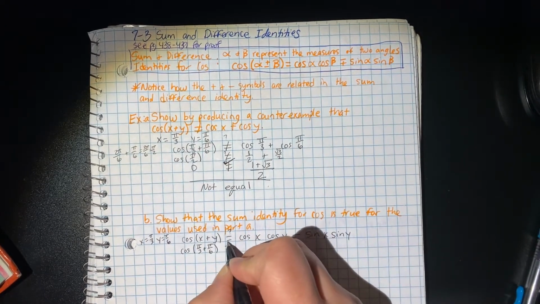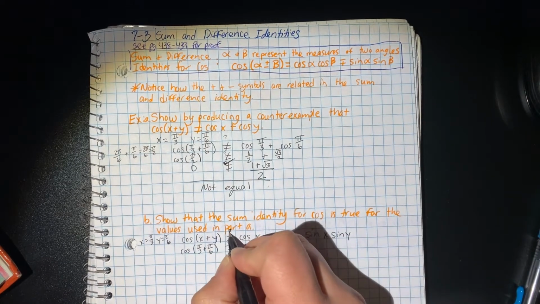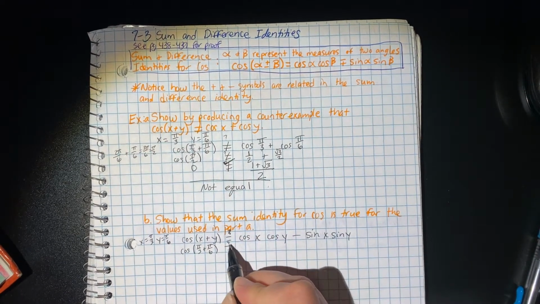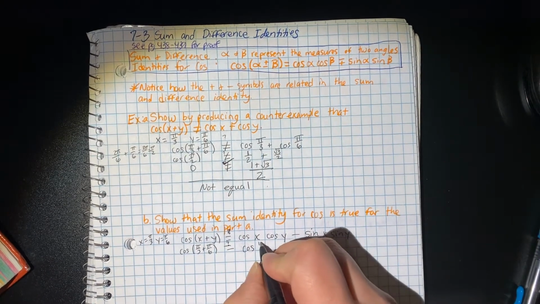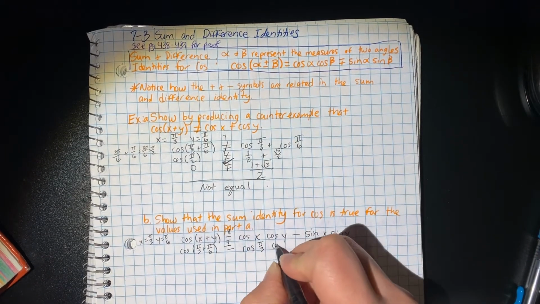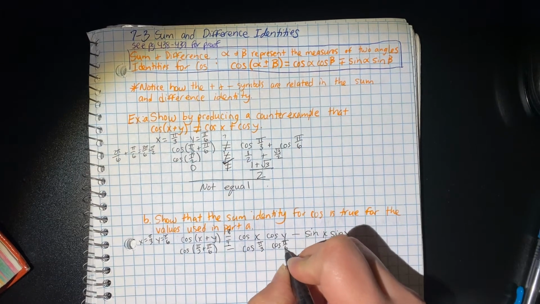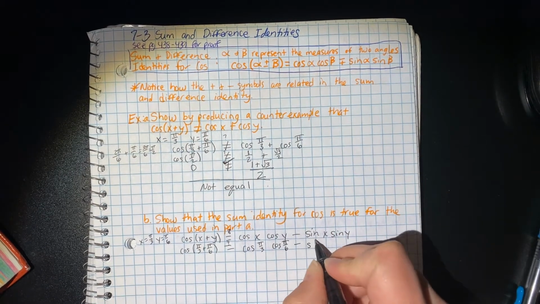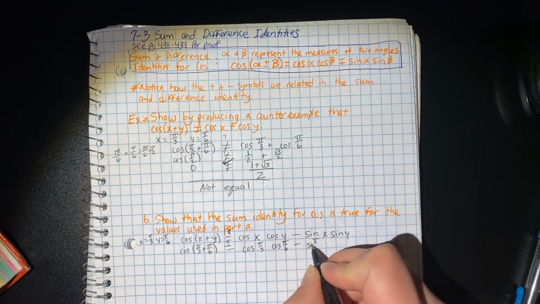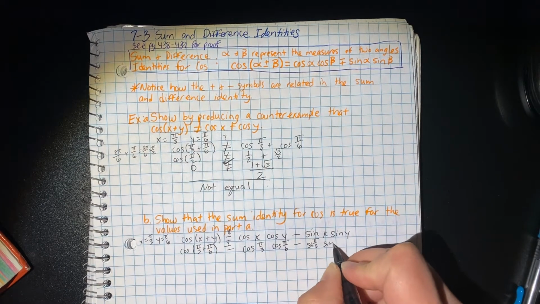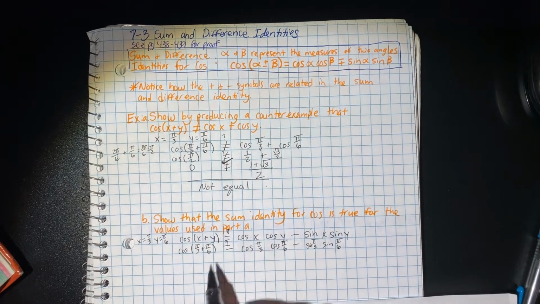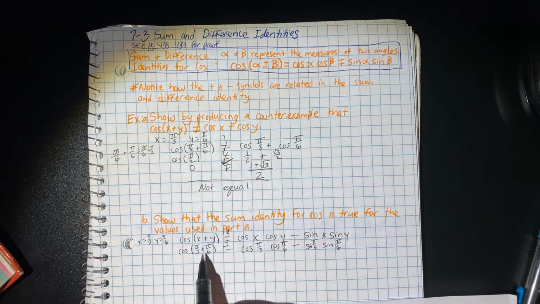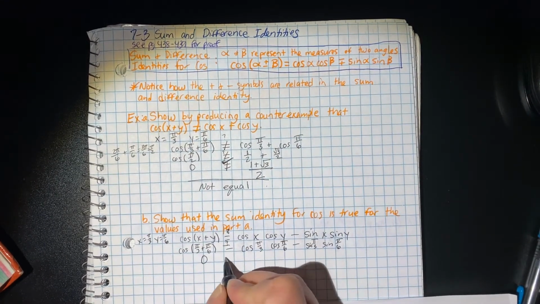Does that equal? Well, not that one, we know that one's equal. But does this one equal right here? That's what we're going to check. So cosine of pi over 3, cosine pi over 6, minus sine pi over 3, sine pi over 6. Sweet, we have some of this above. Up above, we found out that this is equal to 0.